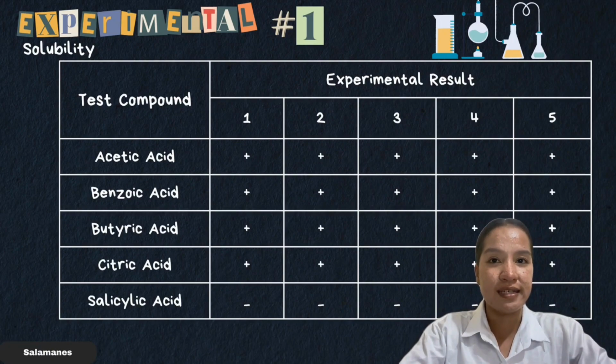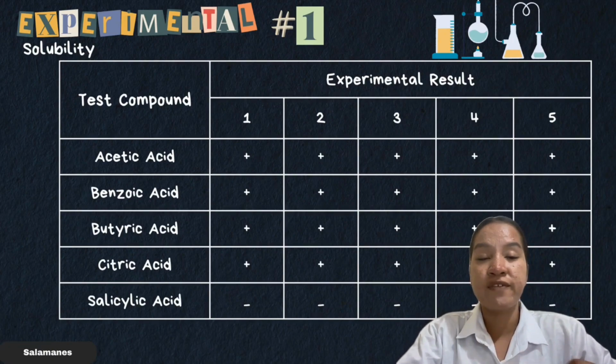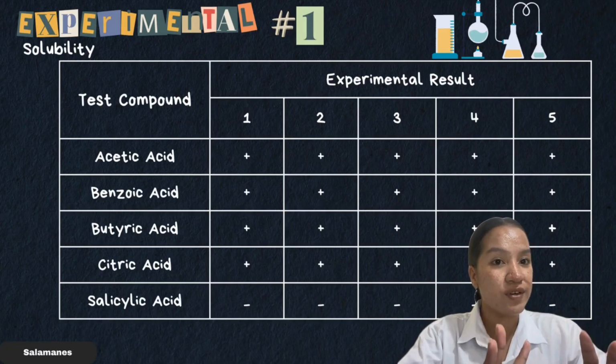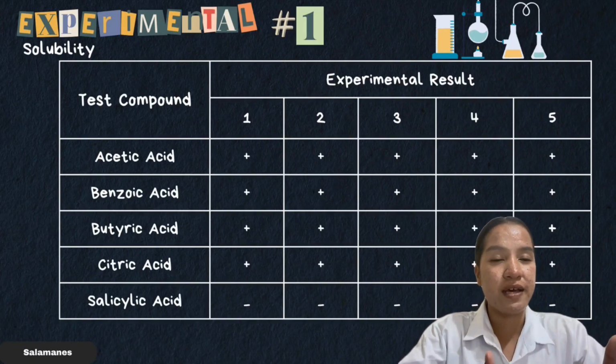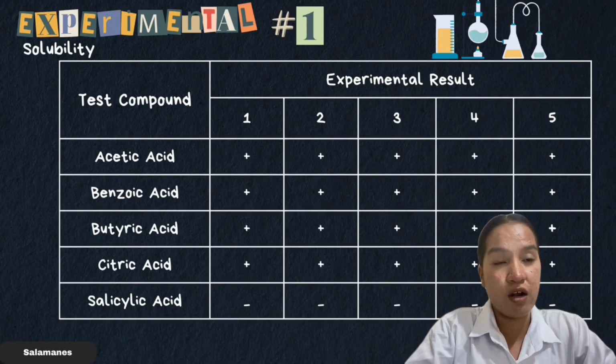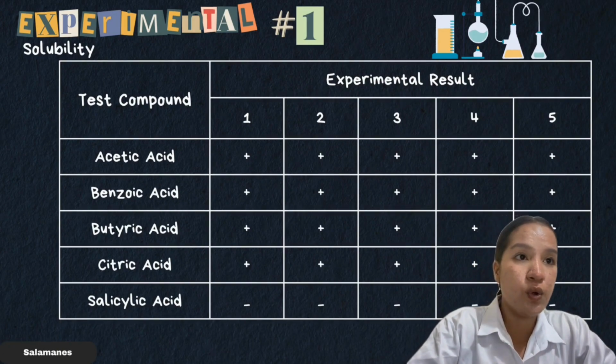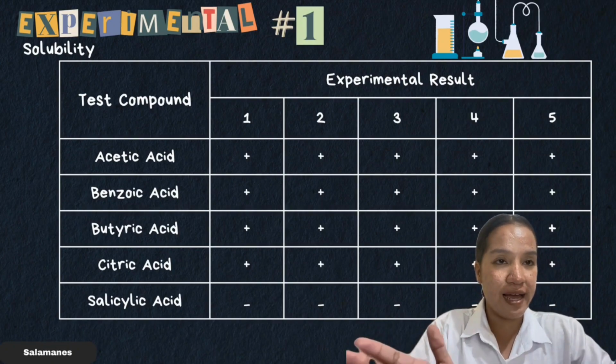Now for benzoic acid, for groups 1 to 5, we have positive results. However, theoretically, this should be negative. Why? Because benzoic acid has a larger molecular size compared to smaller carboxylic acids like acetic acid.